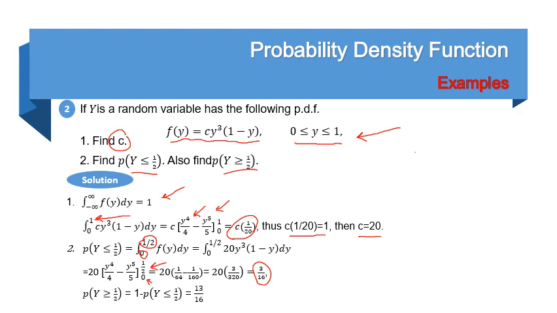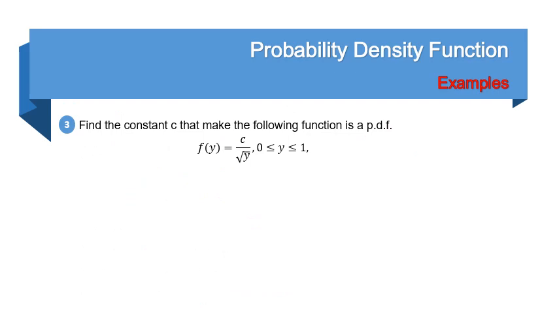So if we need the probability of y greater than or equal to half, all we have to do is get 1 minus the probability we obtained in step number 2, because these two events complement each other to 1. So this is a second example, which gives you again the chance to calculate c and a specific probability, and also use the complement rule.